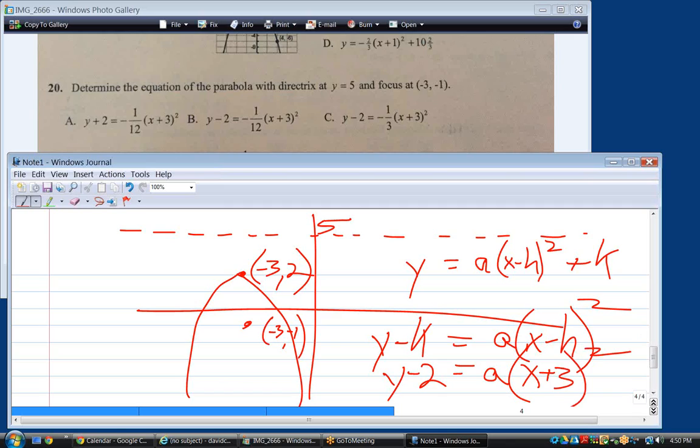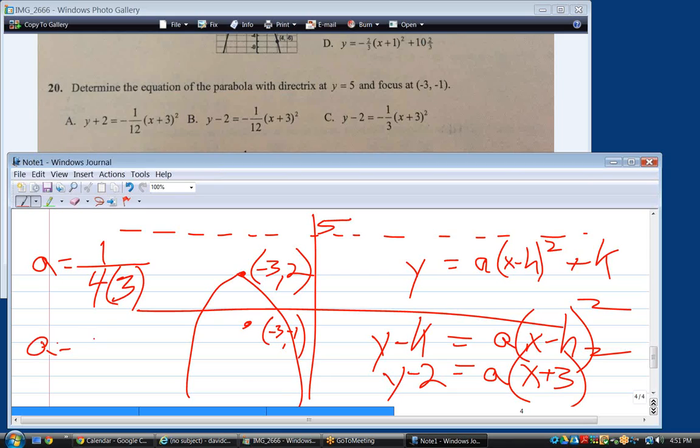So how do we distinguish between B and C? What's a equal to? 1 over 4c. What's c equal to? The distance between the focus and the vertex, or the directrix and the vertex. So what's this number? c is 3.